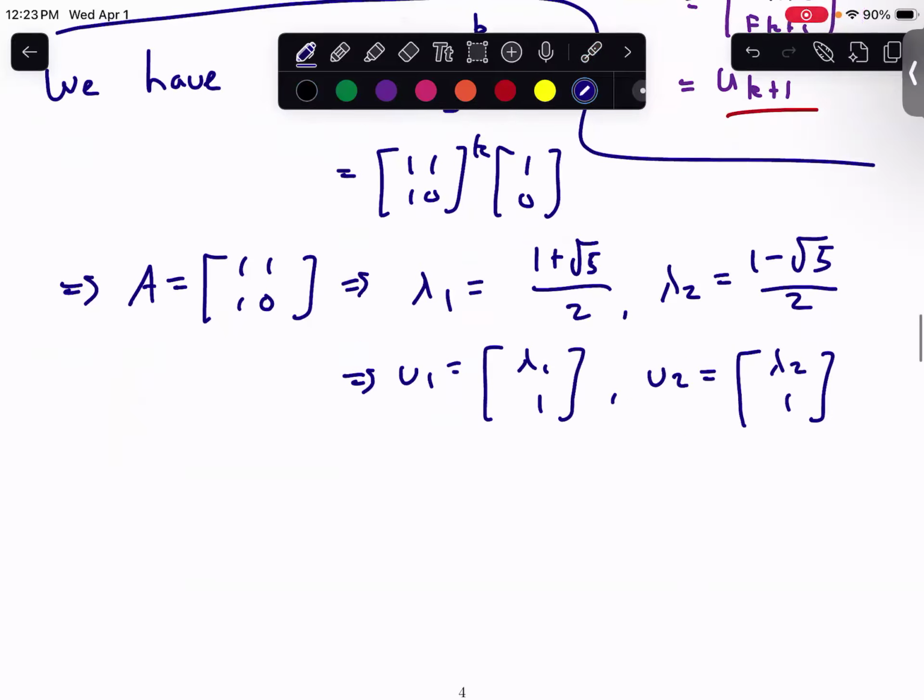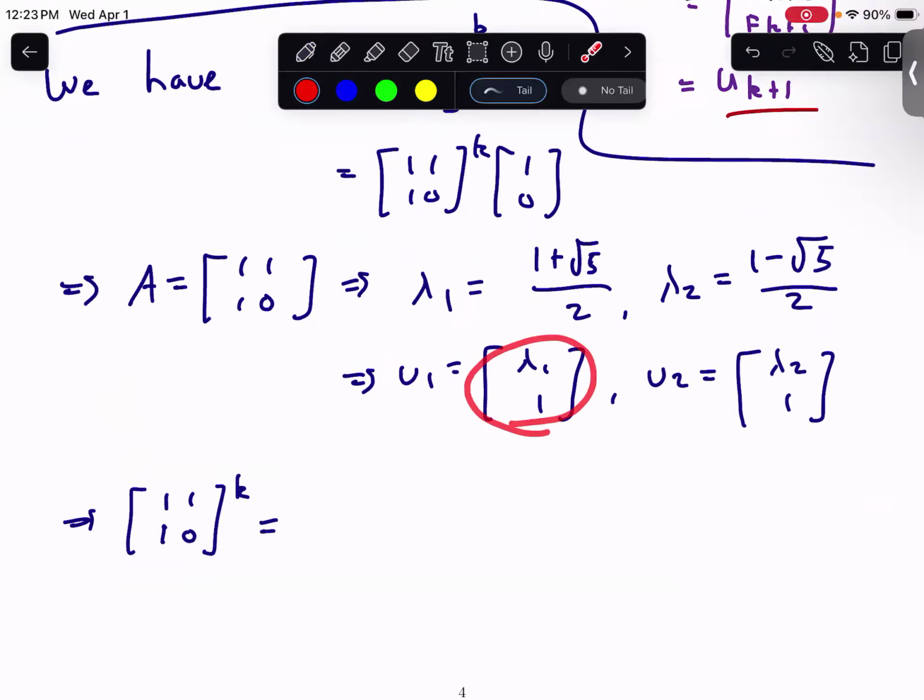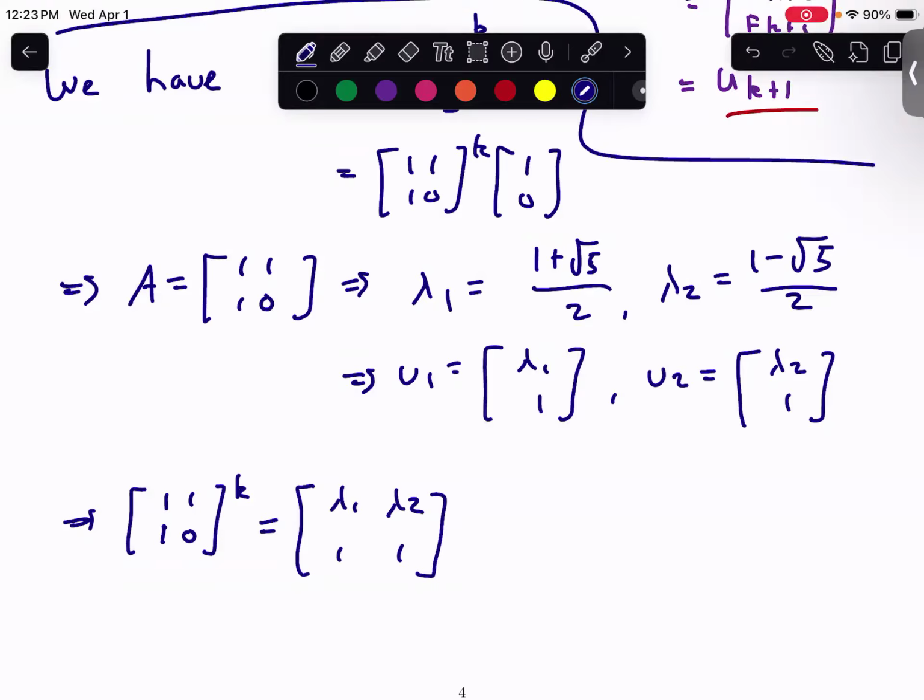So you end up finding that 1, 1, 1, 0 to the K is equal to the matrix formed by these eigenvectors. So this is going to be lambda 1, lambda 2, 1, 1, multiplied by the diagonal matrix where the entries are given by your two eigenvalues. So it's going to be lambda 1, 0, 0, lambda 2 to the kth power.